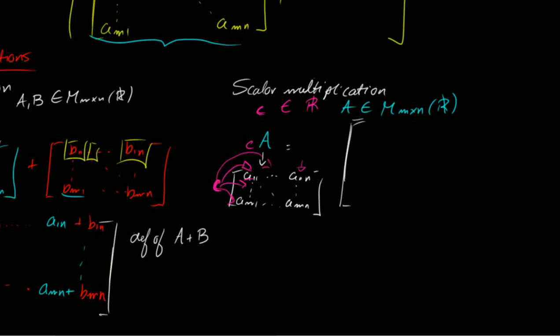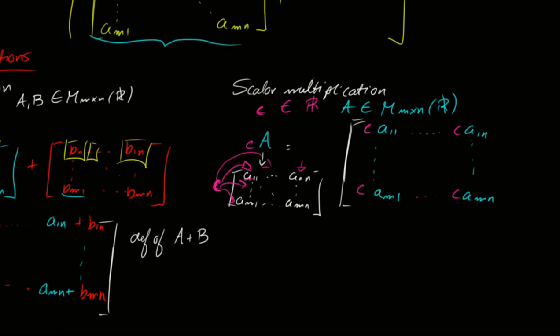So it's equal to the matrix c times A11, and this goes on until c times A1n, and down here we have AM1 multiplied again by c, and then to the right I have c times AMN.